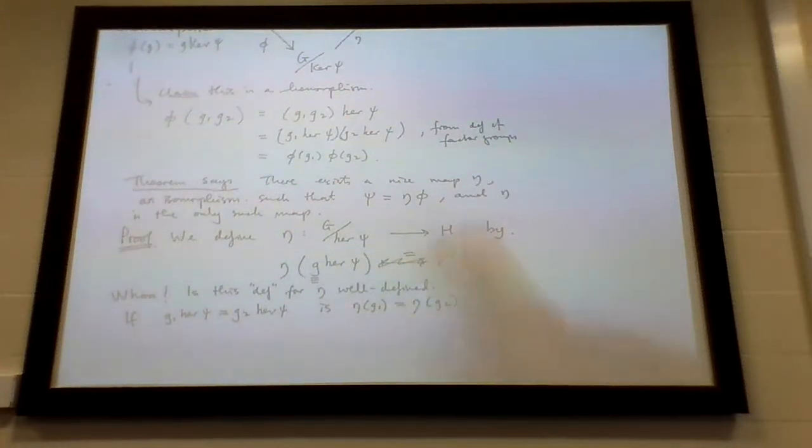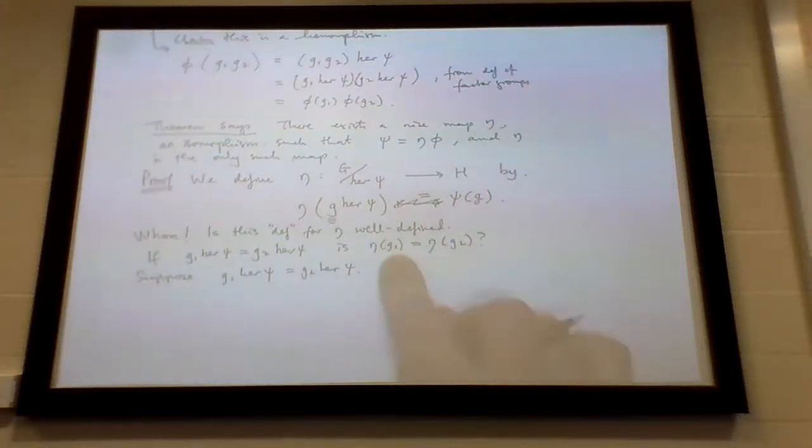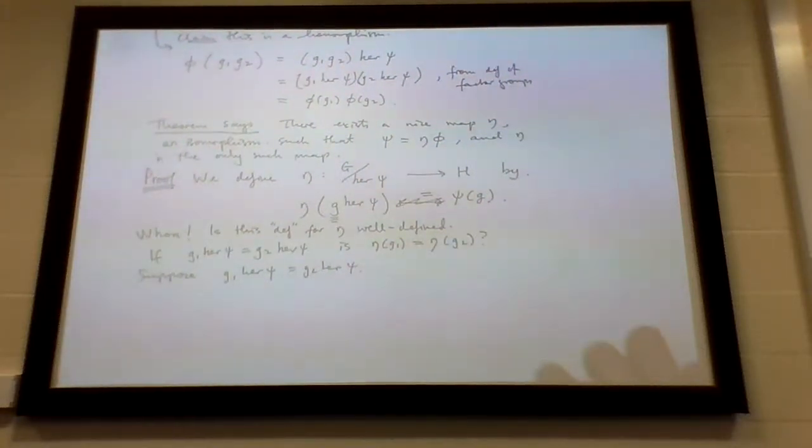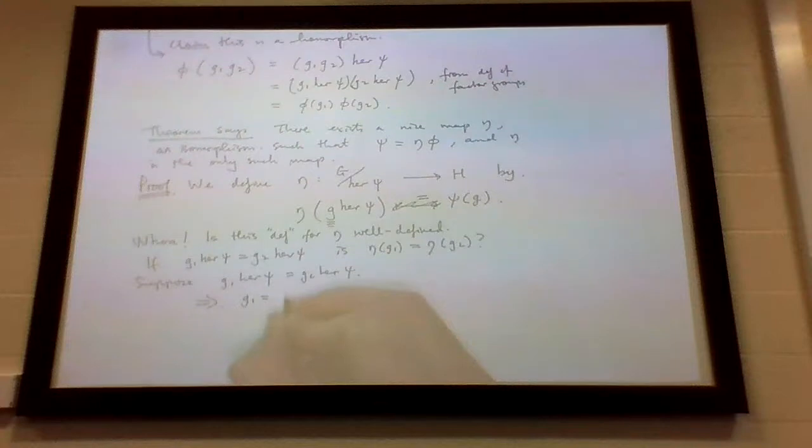Okay, so let's prove that, or answer that question. Suppose g1 times the kernel of psi equals g2 times the kernel of psi. Our destination is that eta of g1 equals eta of g2. What can we do here? A consequence of that: if we've got two elements representing the same coset, g1 must be g2 times a k for some k in the kernel.